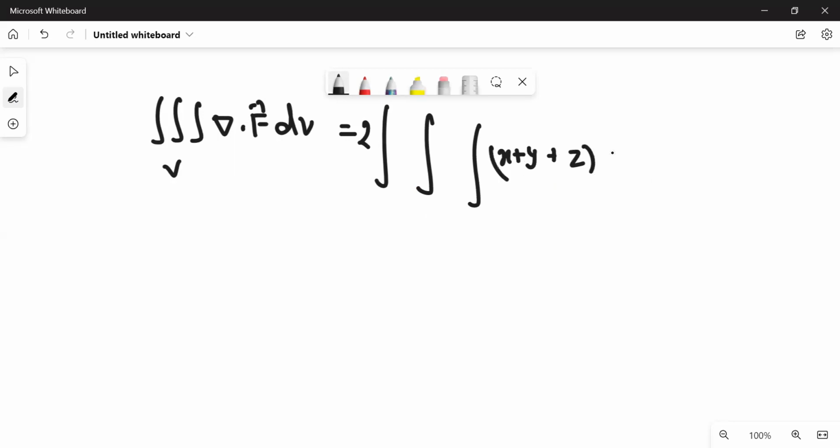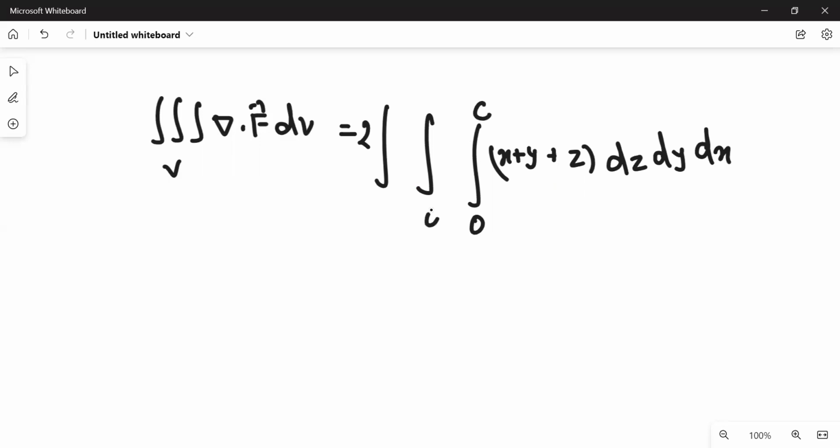But to solve the triple integral, generally the order we take is dz dy dx. So the inner limit is for z, the middle is y, and the outer is x. What is the limit of z? z varies from 0 to c, y varies from 0 to b, and x varies from 0 to a, which is given in the question. We'll use those limits.